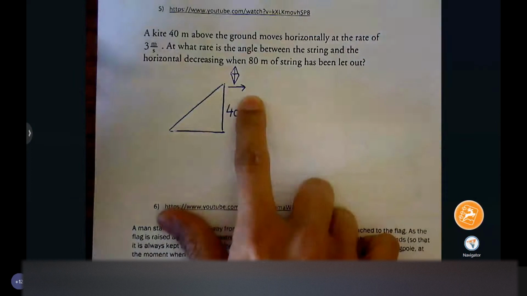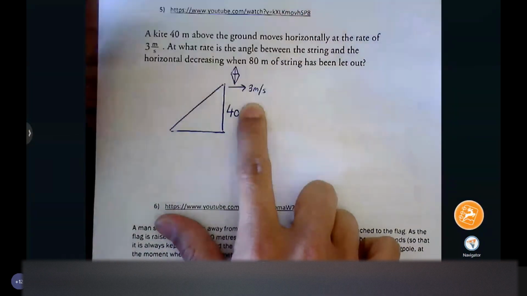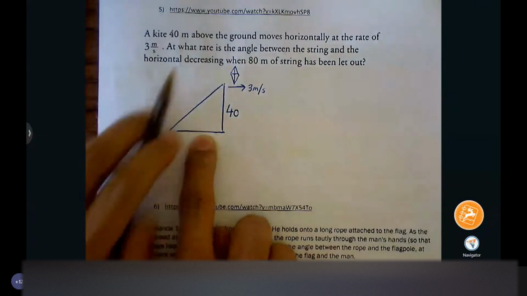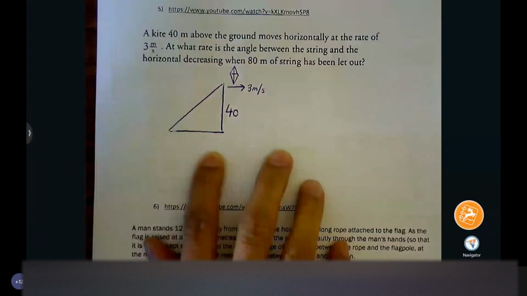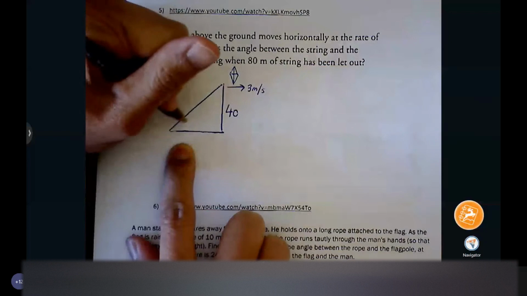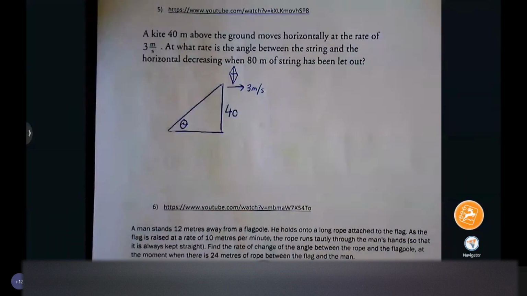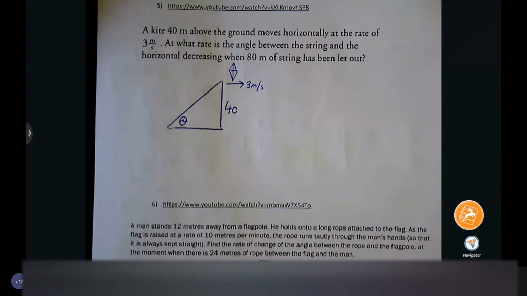At a rate of 3 meters per second, so it's moving horizontally, which is related to this x here. At what rate is the angle between the string and the horizontal decreasing? So the string and the horizontal is here. When 80 meters of string has been let out.